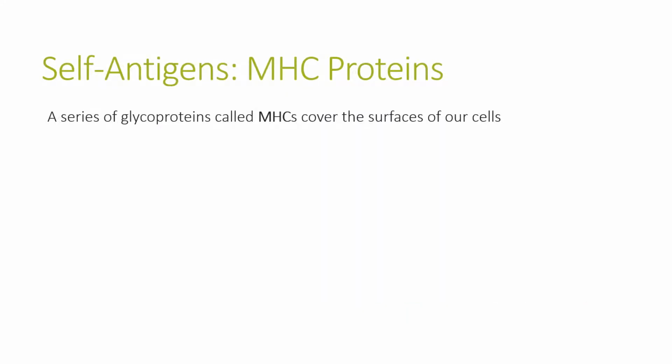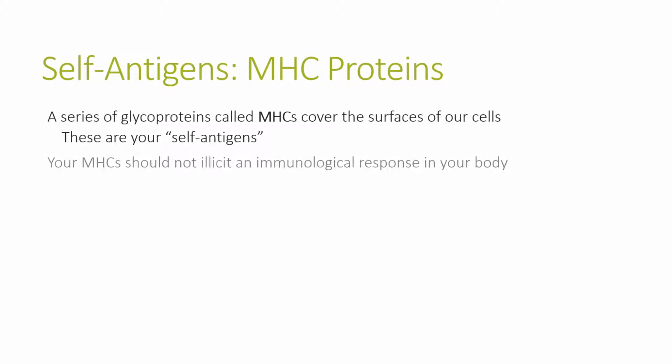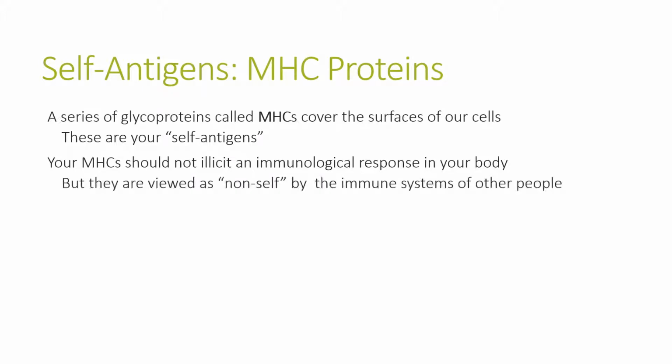A series of glycoproteins, called MHCs, cover the surfaces of all of our cells. These are your self-antigens, letting your immune system know that those cells do belong there. Your MHCs should not elicit an immunological response from your own immune system.